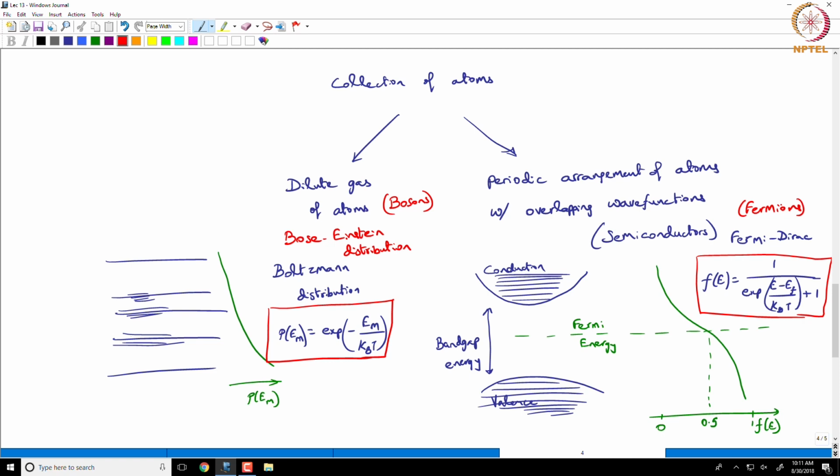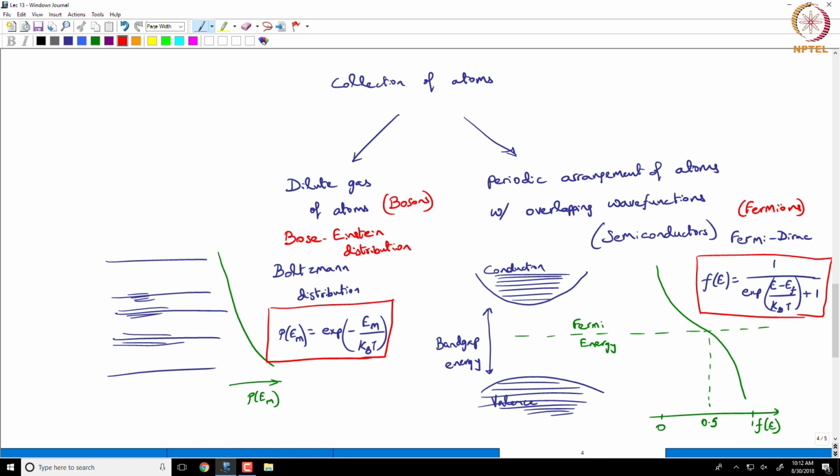Somebody had this question about photons as bosons the other day. The particles that satisfy Fermi-Dirac distribution are called fermions, and the particles that satisfy Bose-Einstein distribution are called bosons.